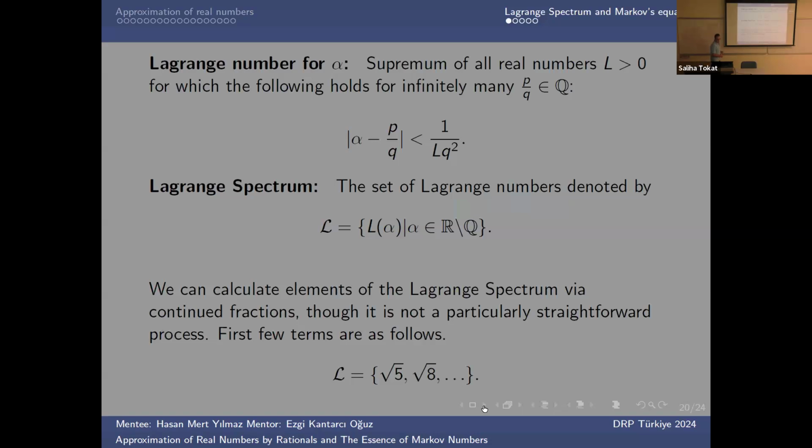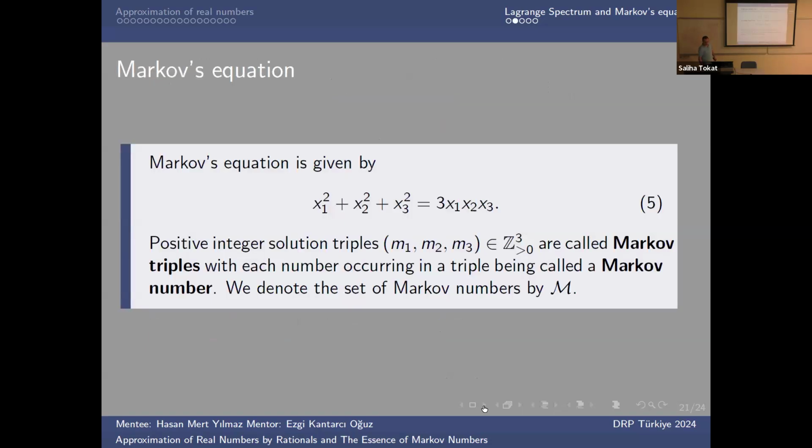We can calculate the elements of the spectrum via continued fractions, but this only works for continued fractions that are purely periodic. We can calculate with these numbers, but it's not a straightforward process.